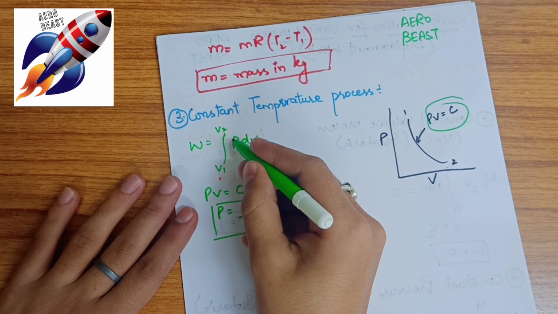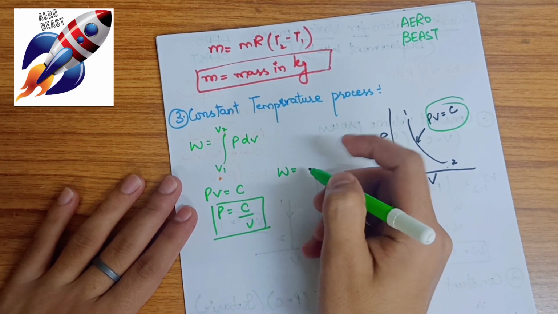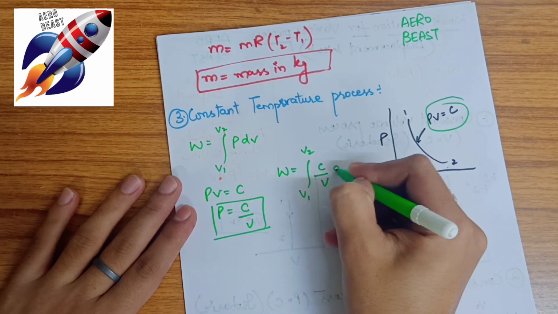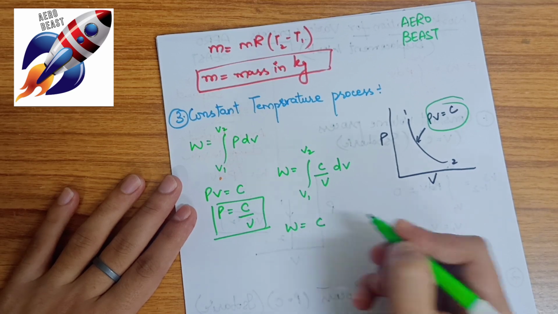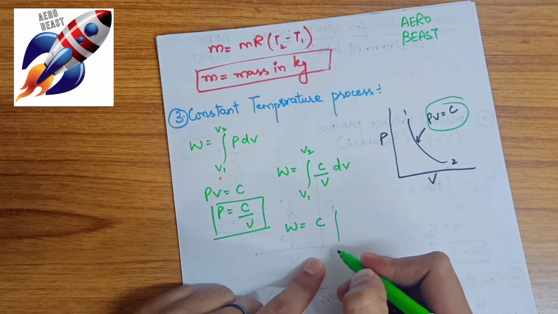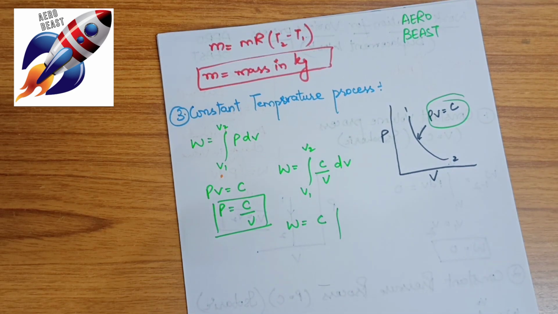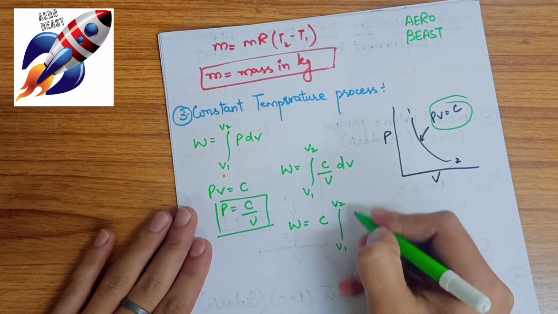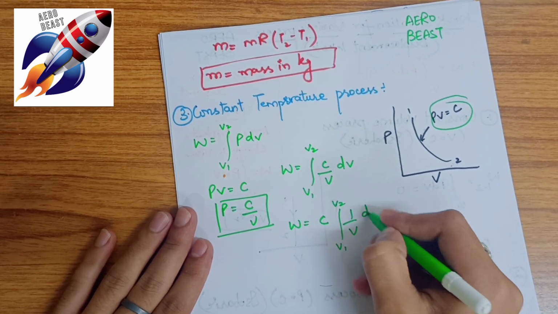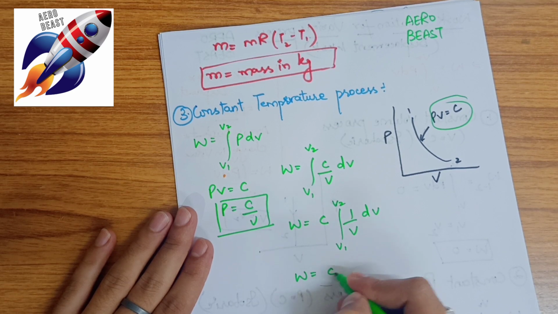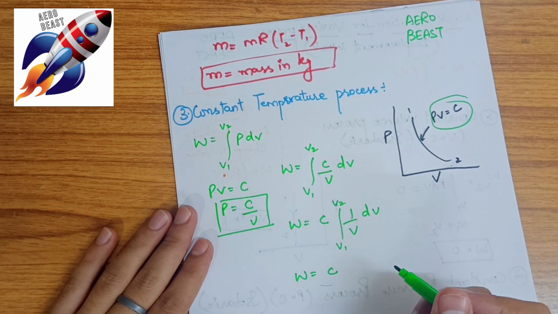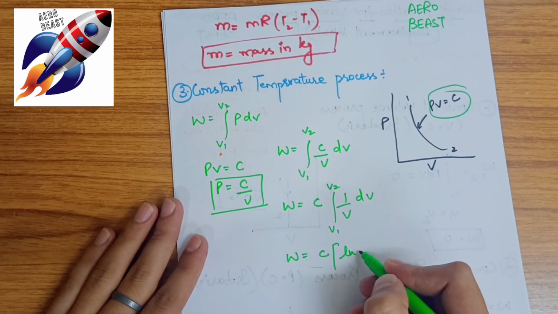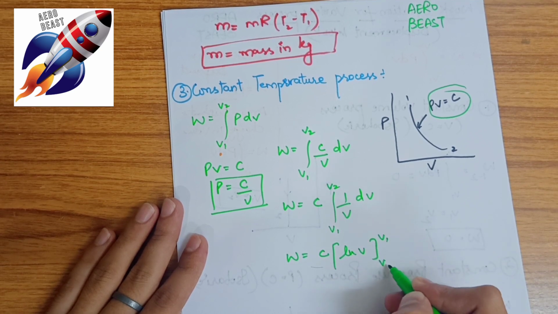Then we have to put the value of P in this equation: the integral from V1 to V2 of C upon V dV. C is constant, therefore we take out the C, leaving the integral from V1 to V2 of 1 upon V dV. The integration of 1 upon V is the natural log of V from V1 to V2.